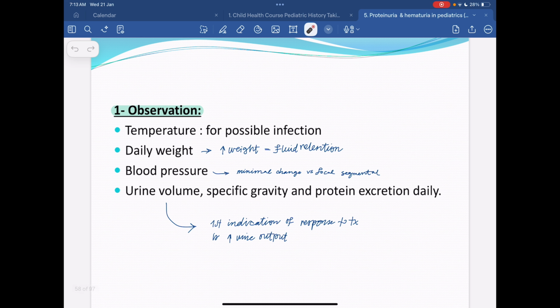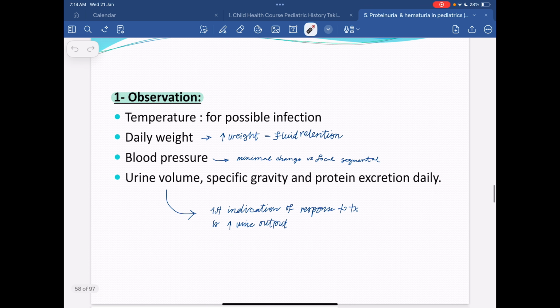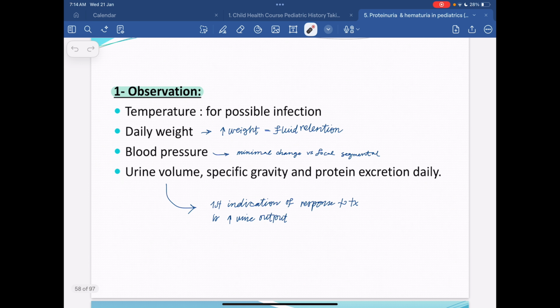Blood pressure, because if blood pressure increases we suspect it may be focal segmental or another cause or nephritis rather than minimal change. And of course urine volume, because urine volume is the first indication of adequate response to treatment. There must be increased urine output. And we look at specific gravity, to see if it is no longer concentrated, and the daily protein excretion.